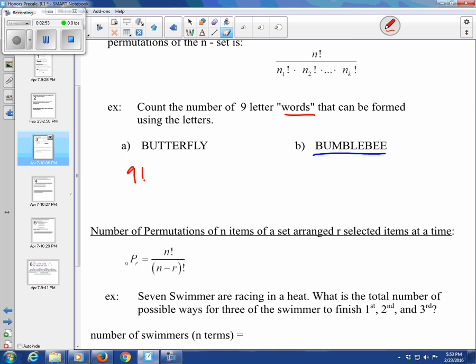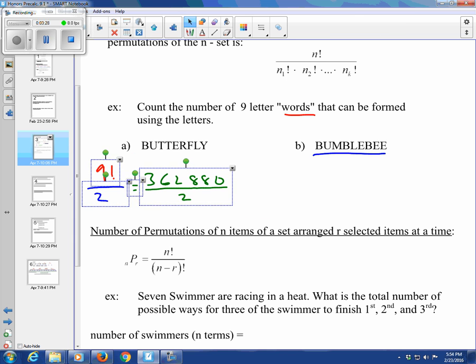So what we want to do now is take our 9 factorial and divide it by 2. When we divide our 9 factorial by 2, we're going to do away with all the repeated permutations. 9 factorial gives us 362,880 different permutations, but then we want to divide by 2 to do away with the doubled permutations.